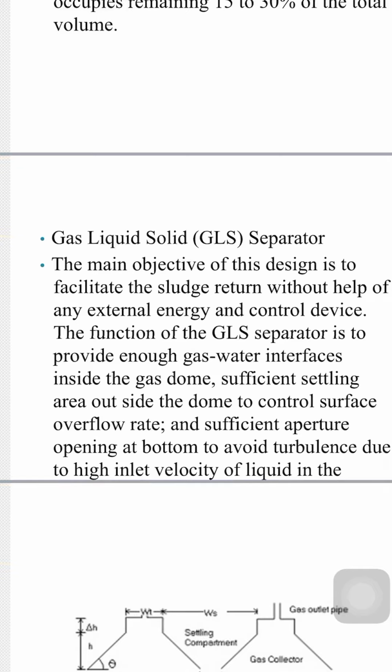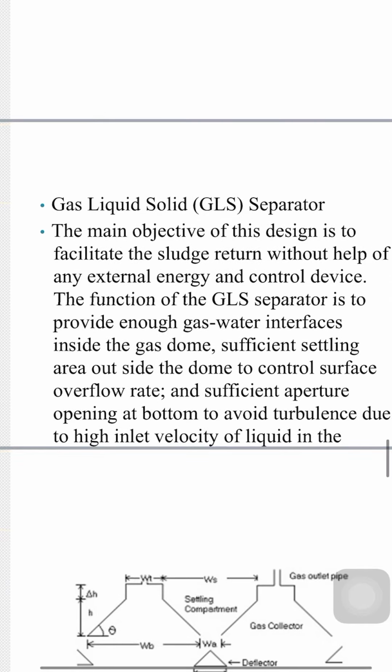The function of the GLS separator is to provide enough gas-water interface inside the gas dome, as well as a sufficient settling area outside the dome to control the surface overflow rate, and an appropriate opening at the bottom to avoid turbulence due to the high inlet velocity of liquid in the settler, to allow a proper return of the solids back to the reactor.